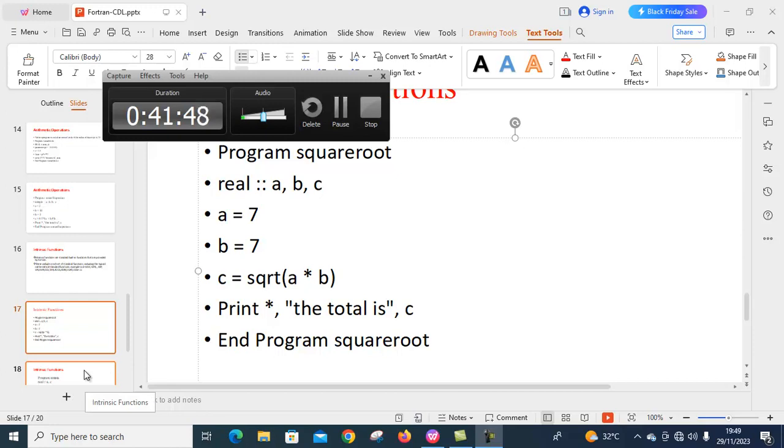Because there are rules guiding all of these intrinsic functions. Just like sine: the type of argument for sine, cos, tan, and their result is always real. Good.